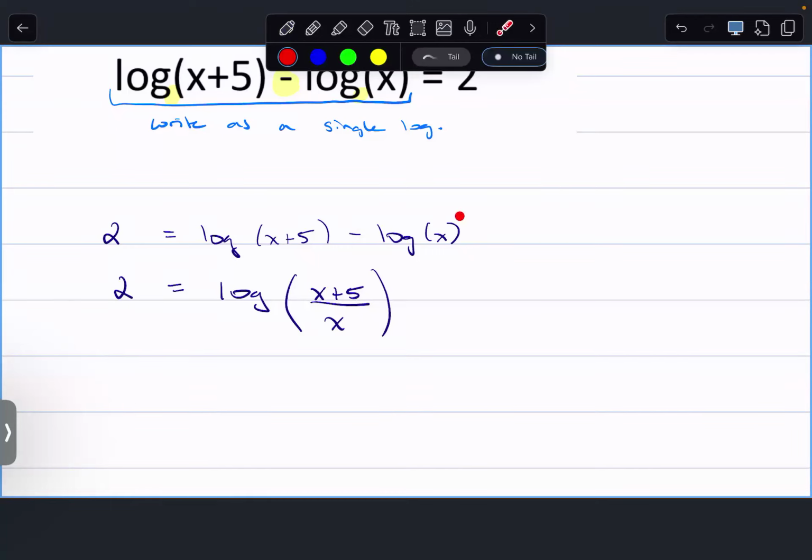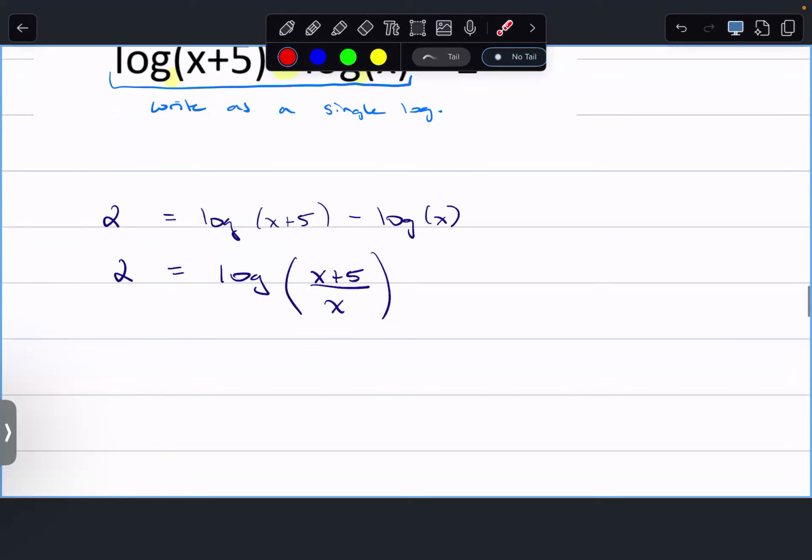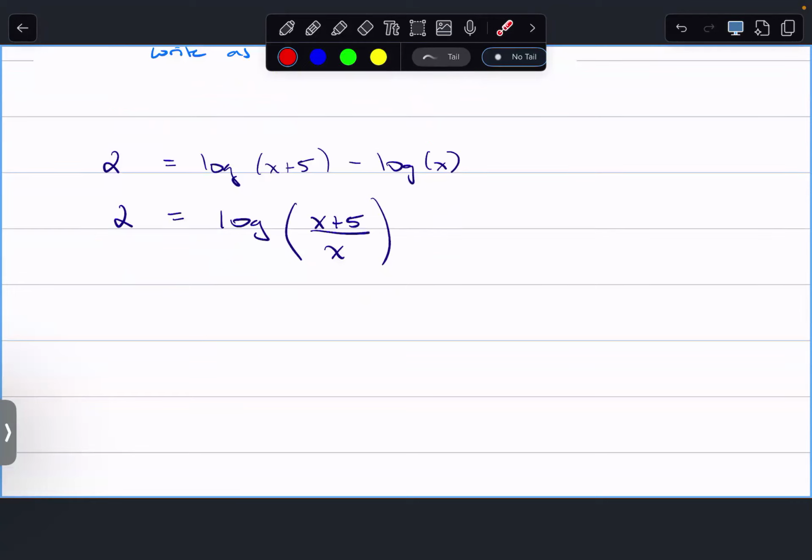You could have brought that -1 exponent upstairs, from here to here, and then you'd have addition of the logs, but then you'd have x plus 5 times x to the -1. It really doesn't make a difference, and so I'm just going to use the subtraction property. Okay. Now I've got a single log. All right, so I've isolated the log.